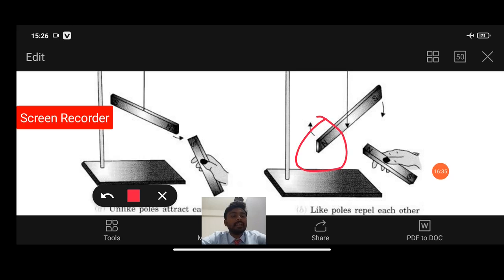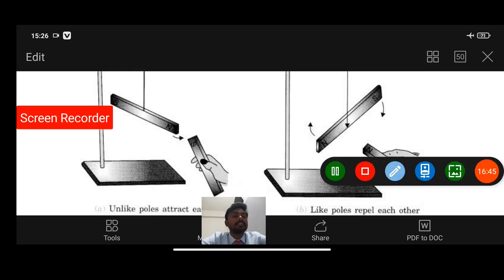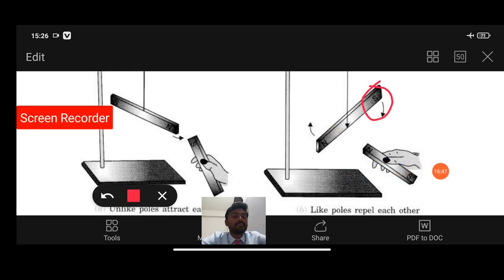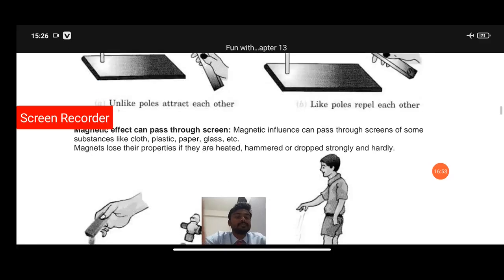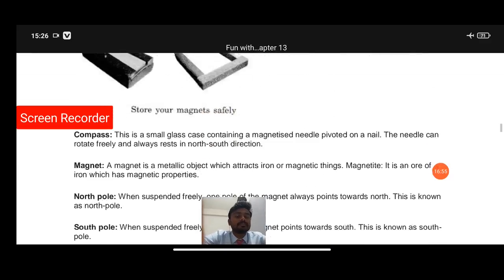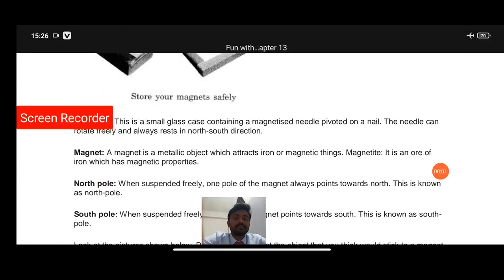So the freely suspended magnet is located in the North Pole. Okay, see, this is a South Pole. The North Pole, the South Pole. So this is about the North Pole and South Pole.